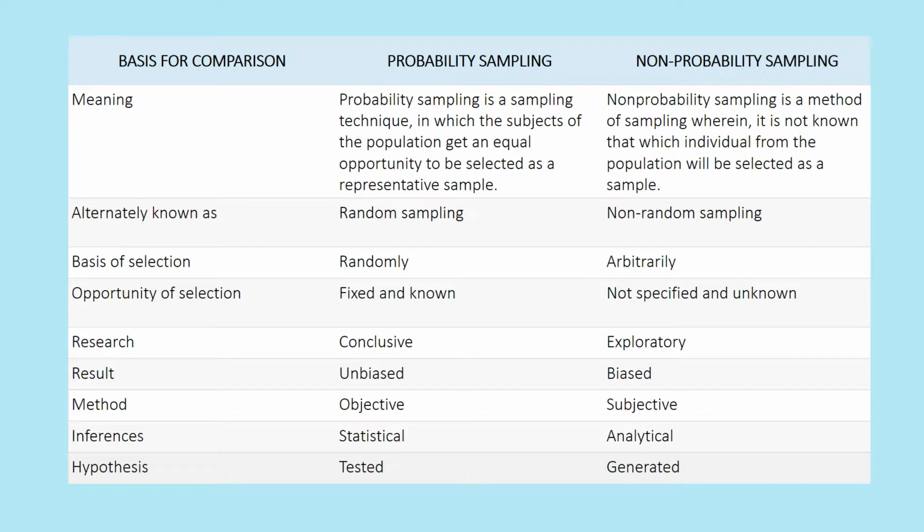The methods, and it's not mentioned, but the methods for probability sampling are very objective. You have your answers, and they can't be fudged too much. On non-probability, it's not listed, but it's extremely subjective.